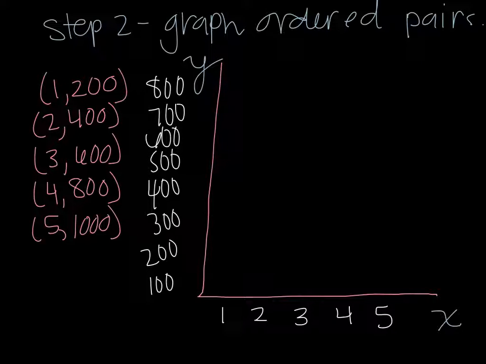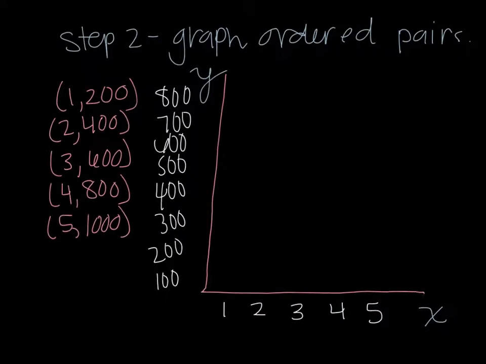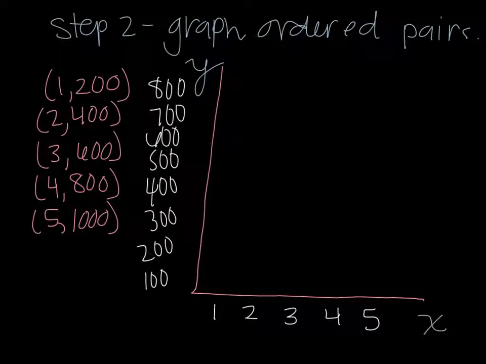I didn't quite get enough room here. I wonder if I can make these smaller. Nope, that didn't work. 900 and 1,000. Sometimes that happens with graphs. I figured out a better way to do it later, but I already made the video.